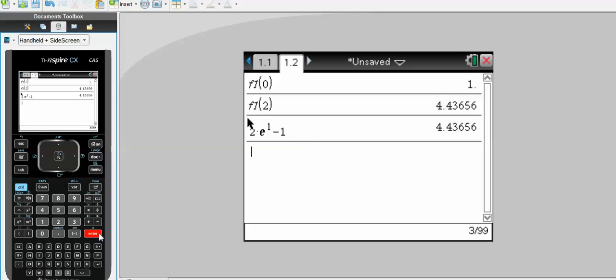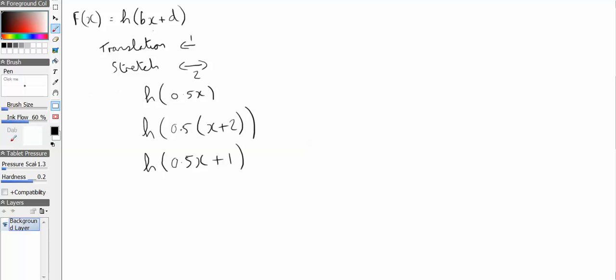All right. Okay. So that's the first part, and the second part was two things happening to the graph. If you start with the original ln graph, that's got the y-axis as the asymptote, and it goes through 1, 0.